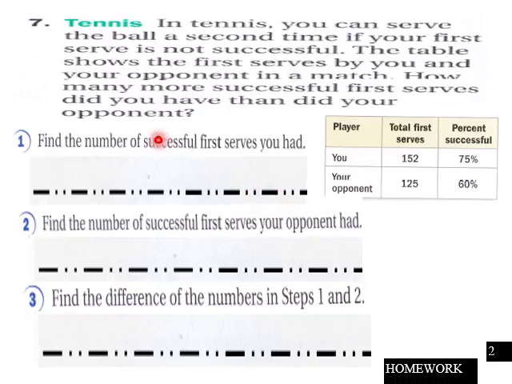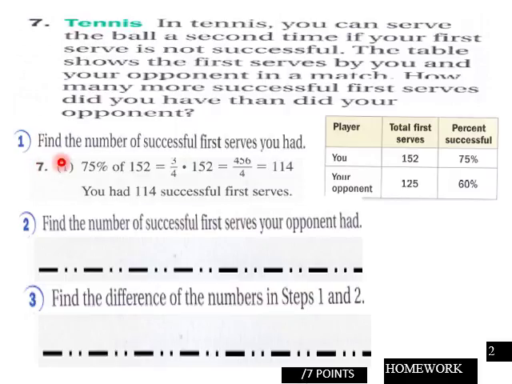And then 7, tennis. This is the tennis question that we had coming here. You can go through this, and then sometimes you can give solutions to your students after you go through the homework together. This is kind of a solution PowerPoint here for the homework to let you know what solution PowerPoints look like. So for 7, find the number of successful serves you had.